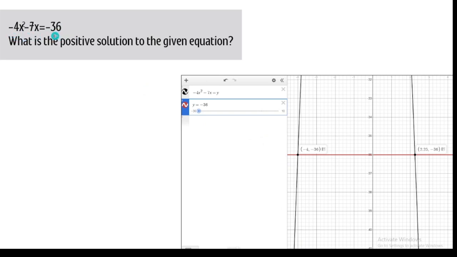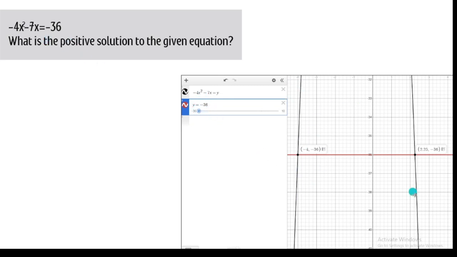You have to move -36 to the other side and write y here. Y equals -4x squared minus 7x plus 36, or split this equation into two equations. So I split it: -4x squared minus 7x equals y, and the other one, y equals -36.